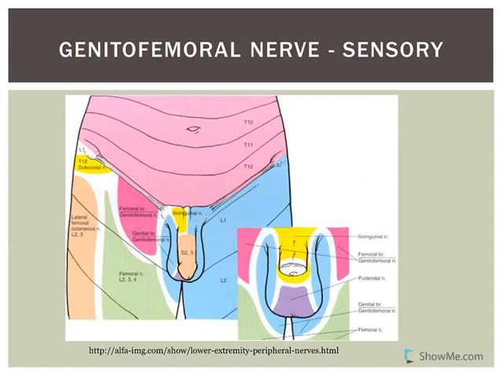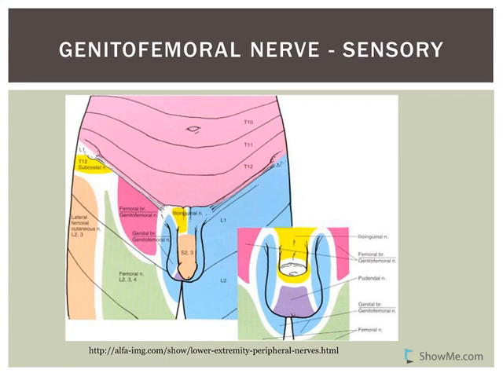Now the sensory innervation of the genitofemoral nerve, just look at the name, genital, and think genitals, is that it innervates skin over the anterior medial surface of the thigh and parts of the external genitalia.